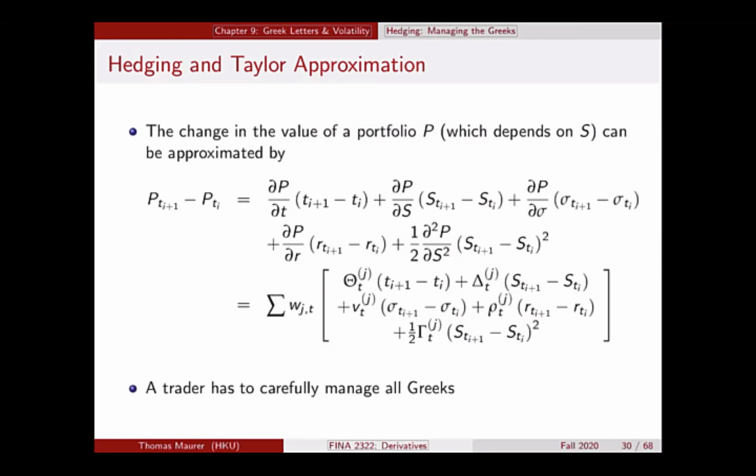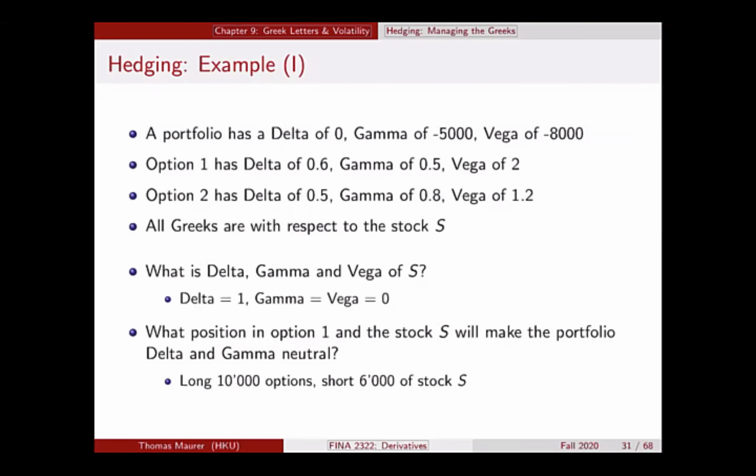Now, the last thing I want to do is look at a numerical example. Let's suppose you have a portfolio with a delta of 0, a gamma of -5,000, and a vega of -8,000. Let's suppose now you have an option with a delta of 0.6, a gamma of 0.5, and a vega of 2, and another option which has a delta of 0.5, a gamma of 0.8, and a vega of 1.2.